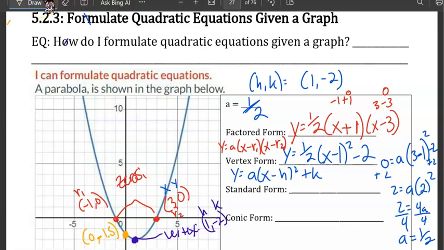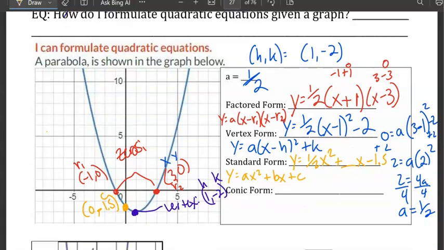All right, let's look at the standard formula. Y equals ax squared plus bx plus c. This is our c, and our a was from before. Y equals 1/2 x squared plus something x minus 1.5. Well, to get that other something, we can multiply out our factored form to get that.